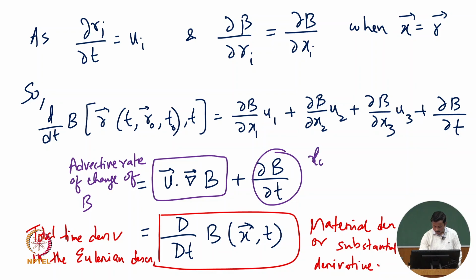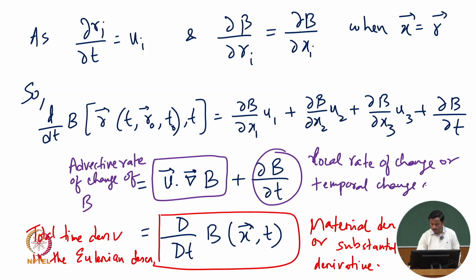So the local rate of change or temporal change of B. These two terms give us the total derivative, which is called the material derivative or the substantial derivative, and this is represented by the symbol capital D Dt.